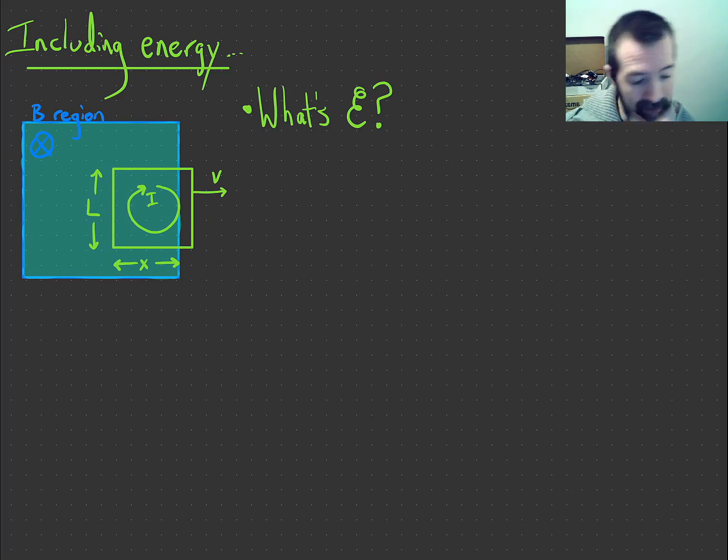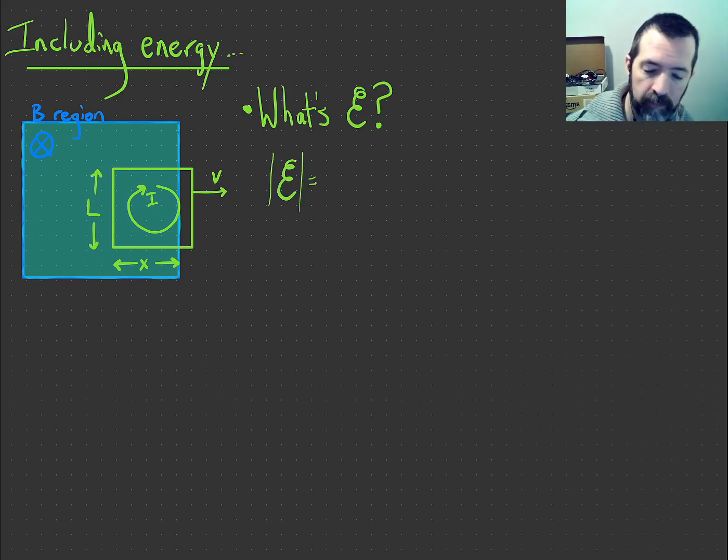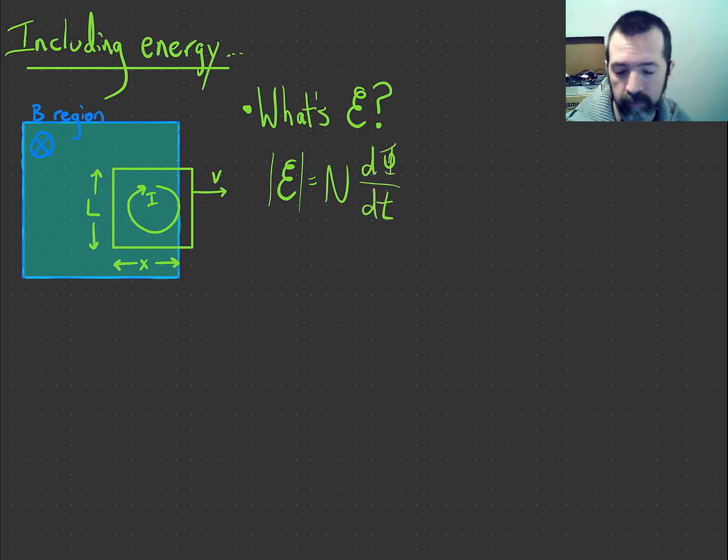I know that the EMF should be, let's just worry about the magnitude, N times dΦ/dt. That's what Faraday's law says. Let's let N equal 1, just so we don't have to worry about that. So basically, the EMF is dΦ/dt.